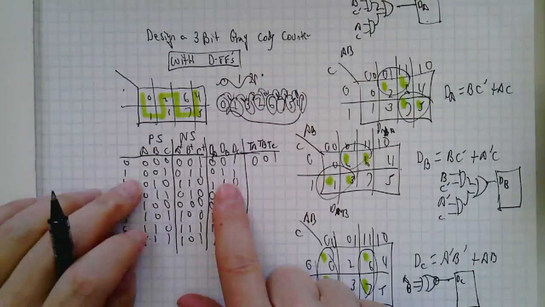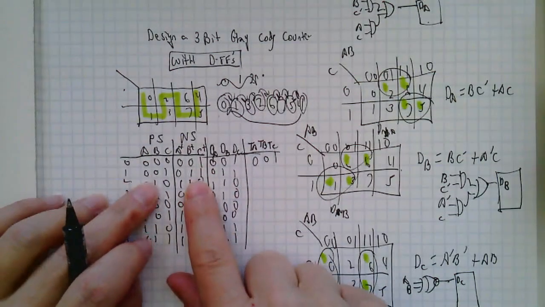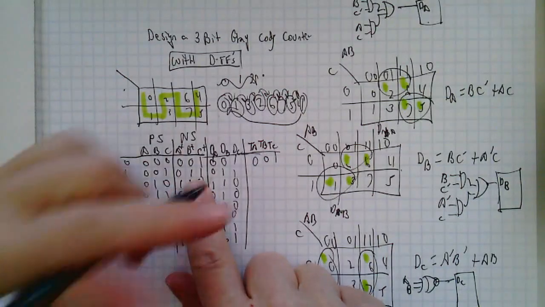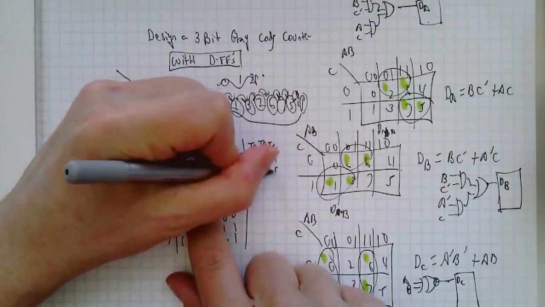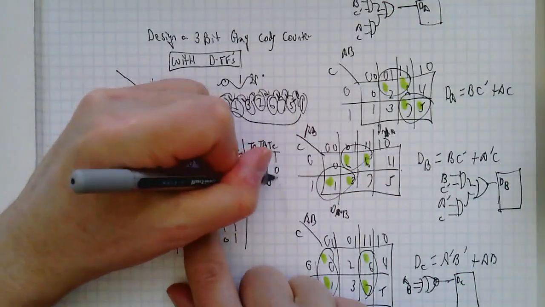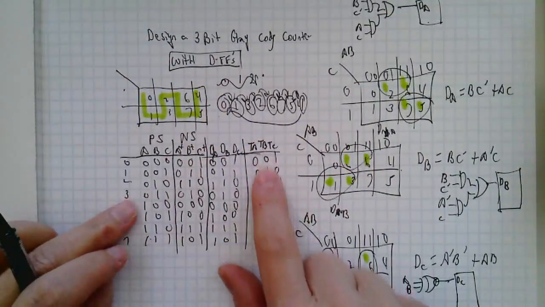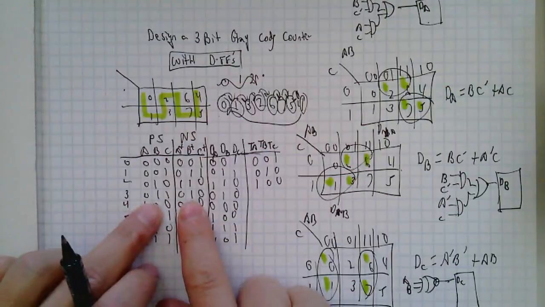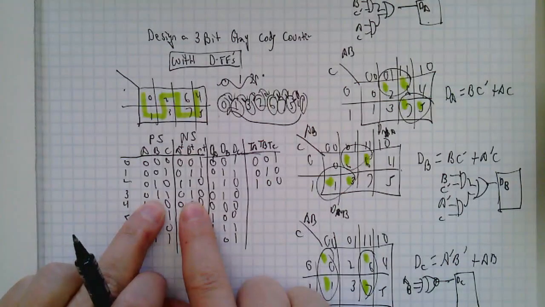Right, that changed. The middle bit changed. The most significant bit changed. You only have one bit on any row.